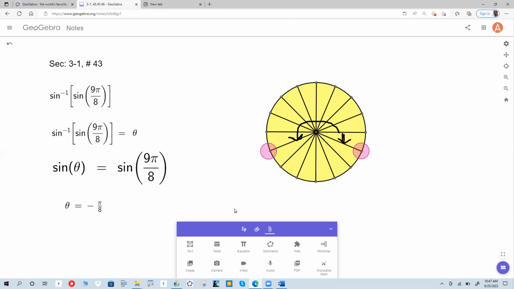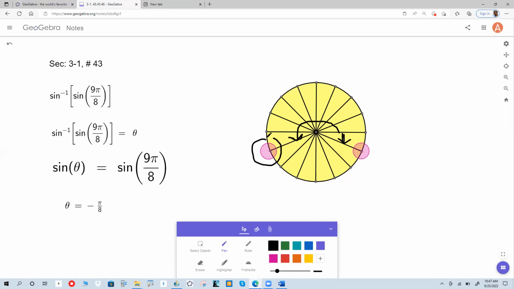Why? Again, I'm going to repeat it, guys. My angle is 9 pi over 8, and that makes the point fall here. Now I'm asking myself for what value of theta in the right half would make sine theta the same as sine 9 pi over 8. It has to be this one because they have the same y coordinate.